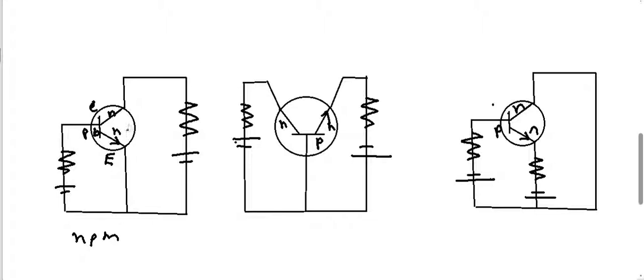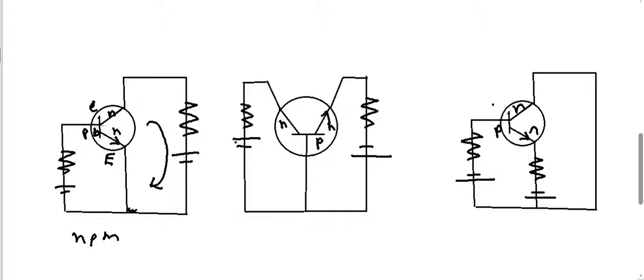But you see here that the emitter is a common thing. The other side of the circuit has one side connected to the collector and the other side to the emitter.